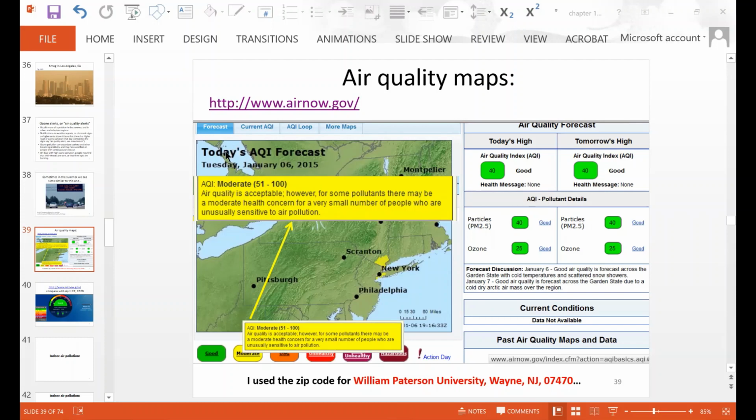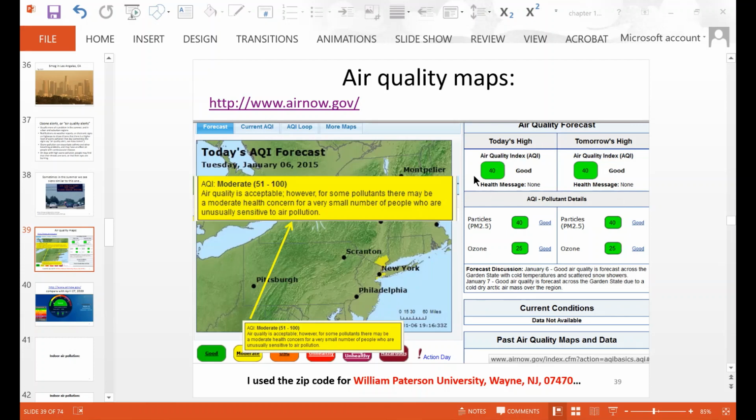And this here was the forecast. And then here's information that for some reason does not match, even though it was the same day. So it says January 6th, good air quality is forecast across the Garden State with cold temperatures and scattered snow showers.